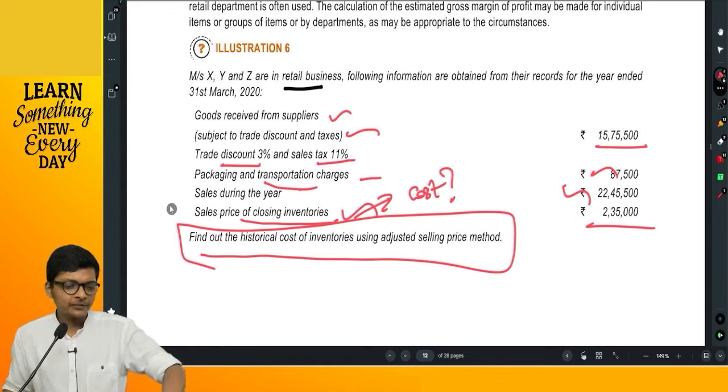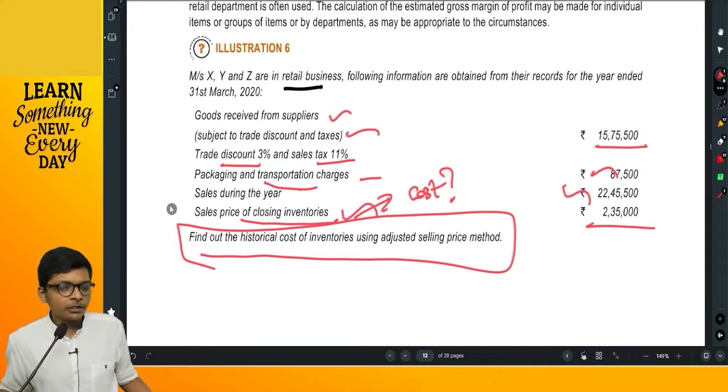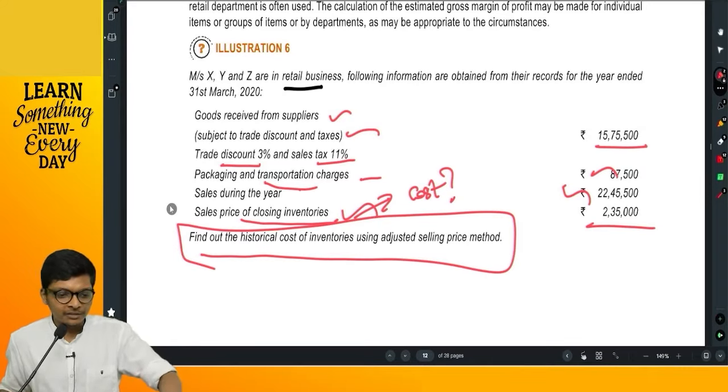Try it out, guys. If you get it, okay, otherwise it is challenging, of course, first sum, but once you know the trick in this sum, you can do the rest of the sums.